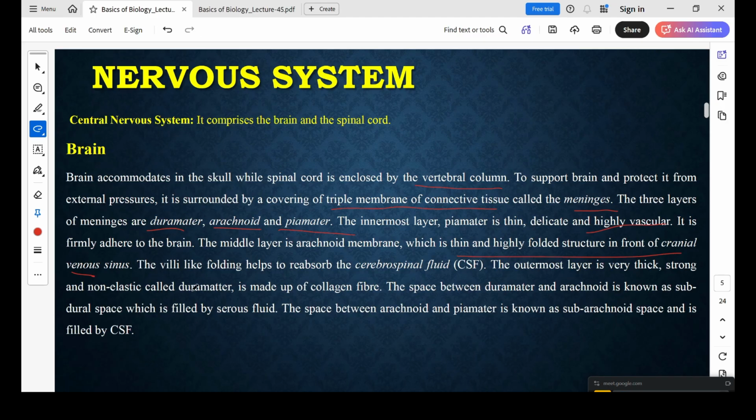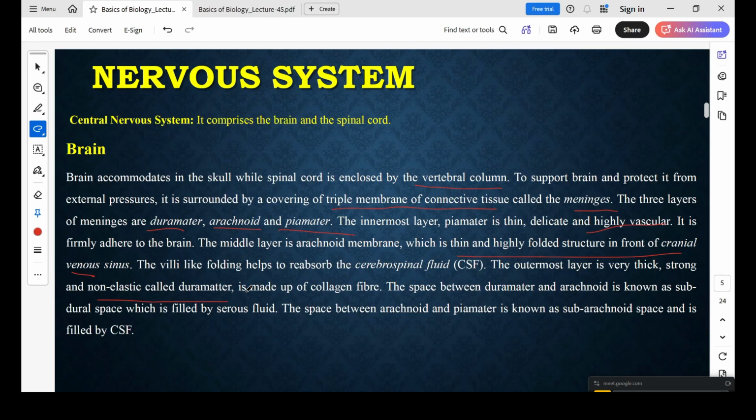The function of the arachnoid membrane is to maintain the cerebrospinal fluid's homeostasis. This fluid gives some cushioning. It is also very important that the volume of this fluid stays consistent. The outermost layer is very thick, strong, and non-elastic, called as dura mater.